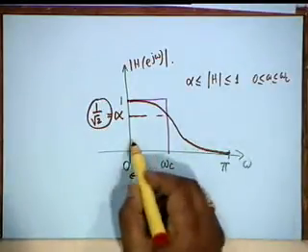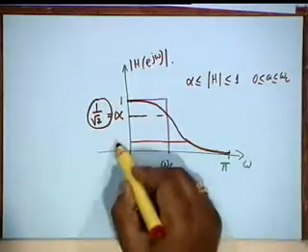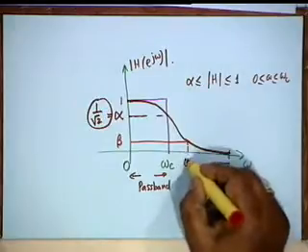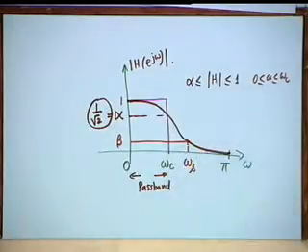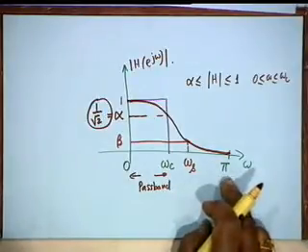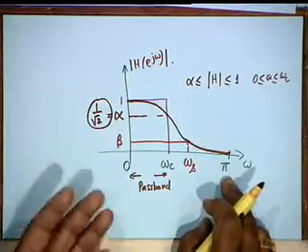we have to define another constant beta and the edge of a stop band omega s such that between omega s and pi the magnitude response does not go beyond beta.